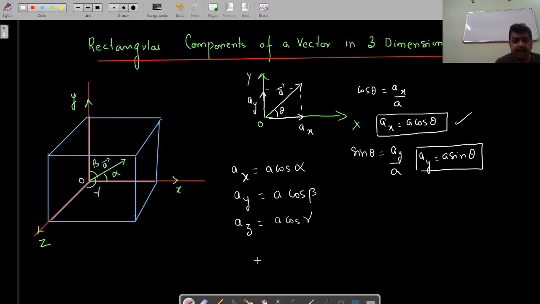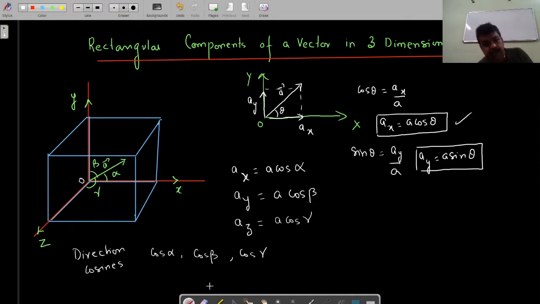Now here we have cos alpha, cos beta, and cos gamma. They have a name: they are called direction cosines, where alpha, beta, and gamma are the angles made with the x-axis, y-axis, and z-axis respectively.